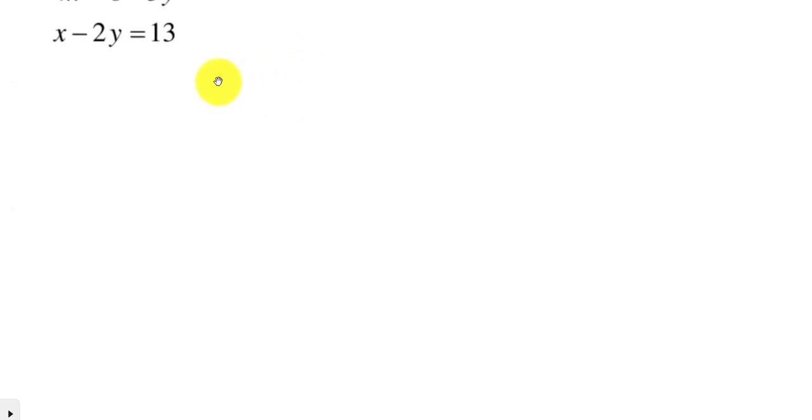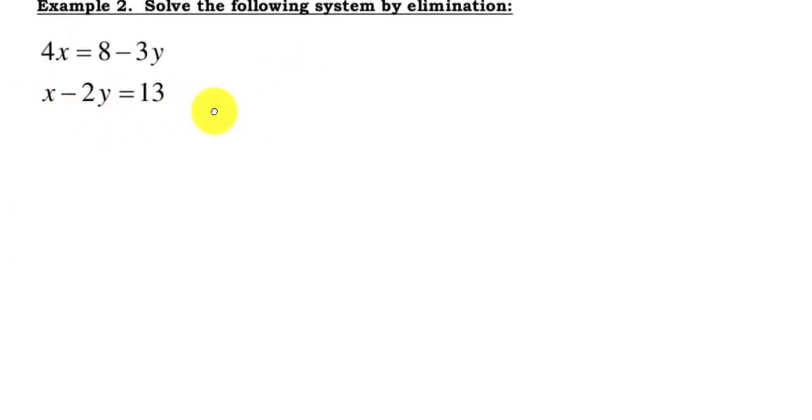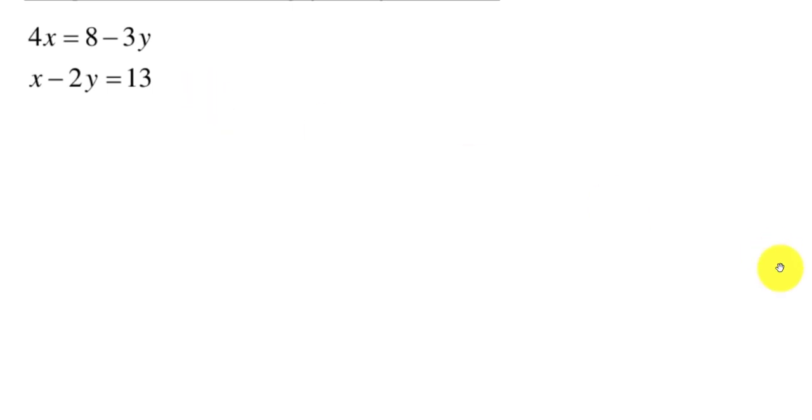okay, so the first step I want to do is I want to rewrite this so opposite coefficients line up. So let's get on that. So I have x minus 2y on the bottom on the second equation.